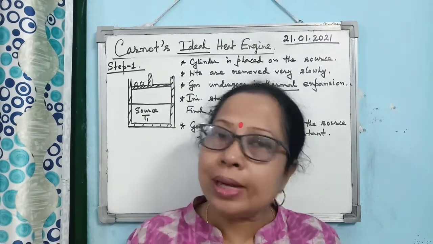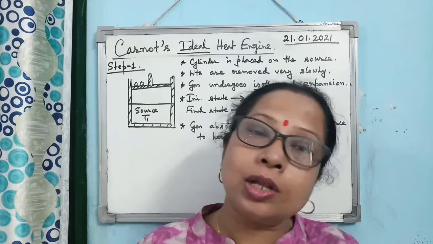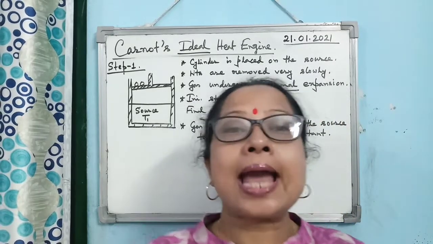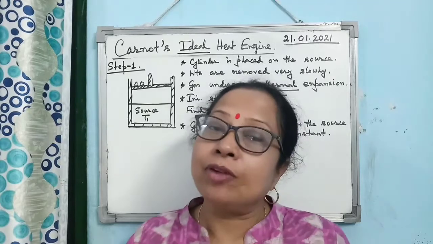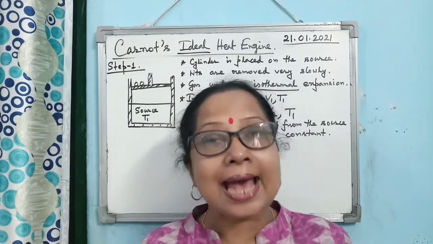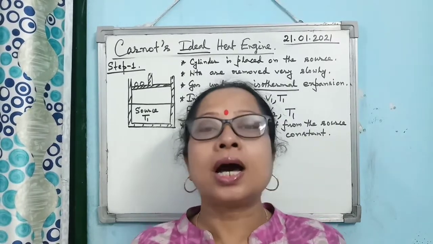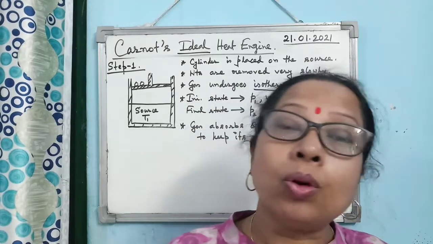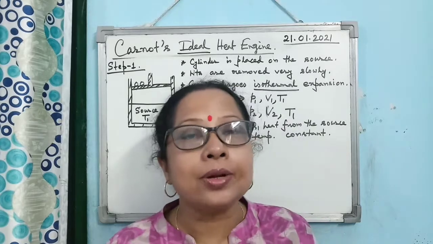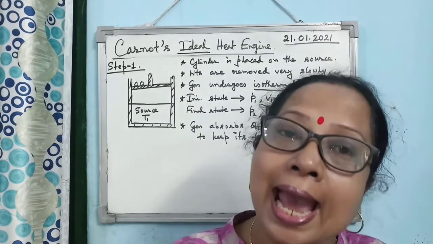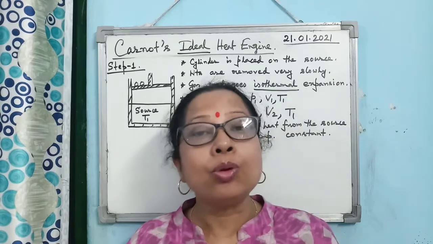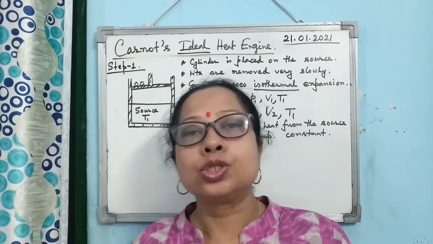When pressure decreases, the volume of the gas will increase, meaning the gas will expand. As it is kept on the source, a heat reservoir of temperature T1, it will try to maintain its temperature at T1 by absorbing heat Q1 from the source.